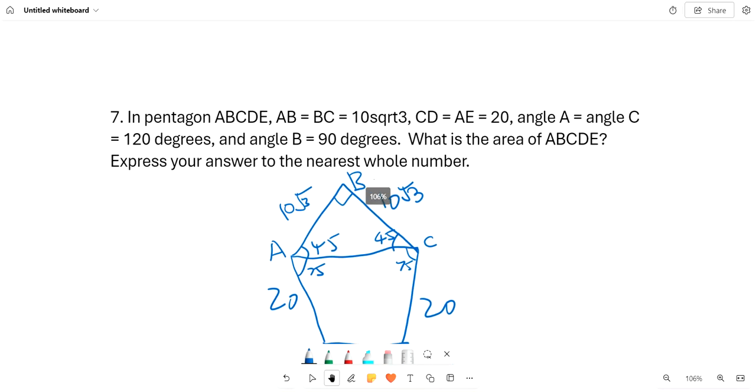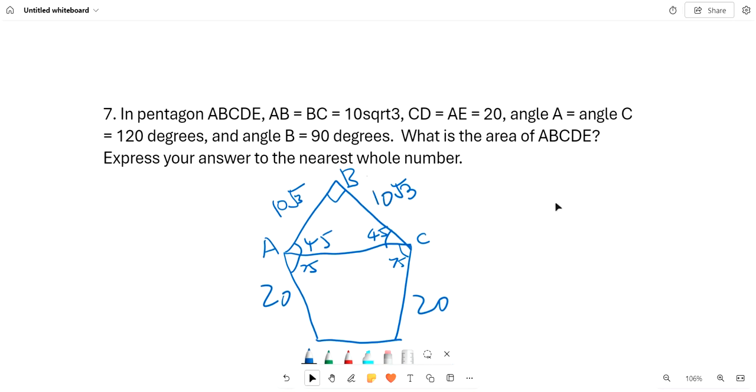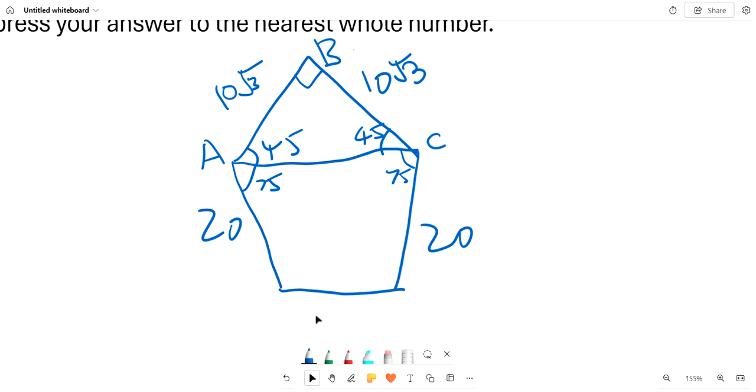And our goal is to find the area of A, B, C, D, E. So we begin by, well, we see that this is a right angle right here, and so we're thinking like a rectangle. It'd be so nice if this thing could fit in a rectangle like this.